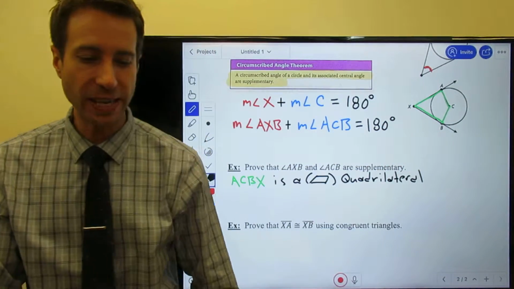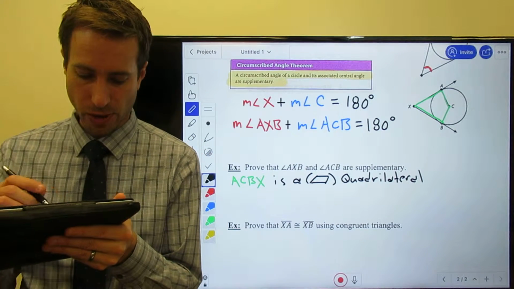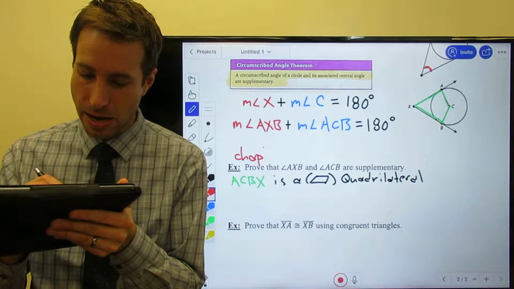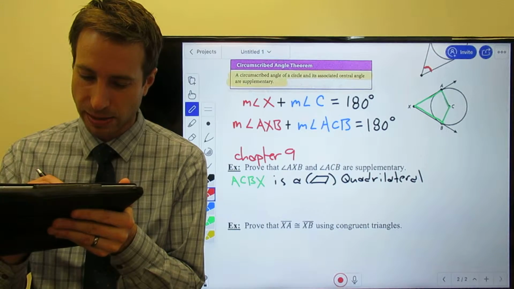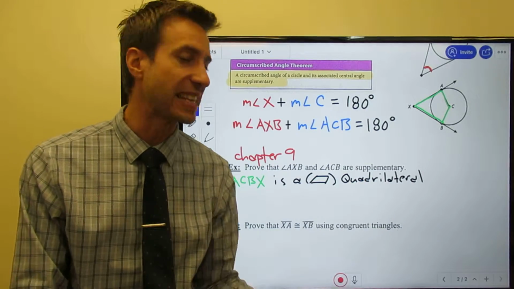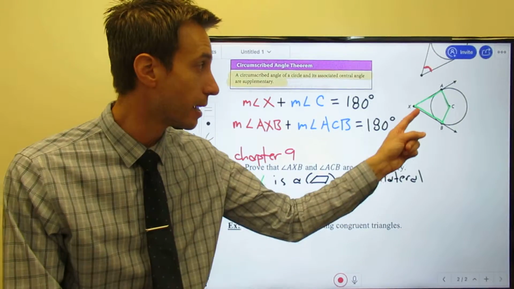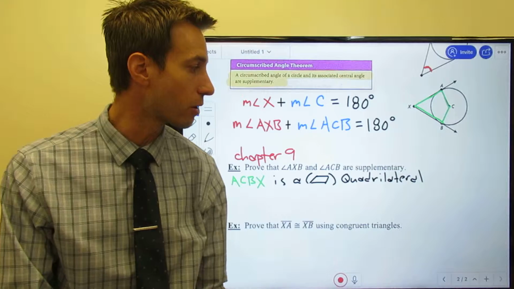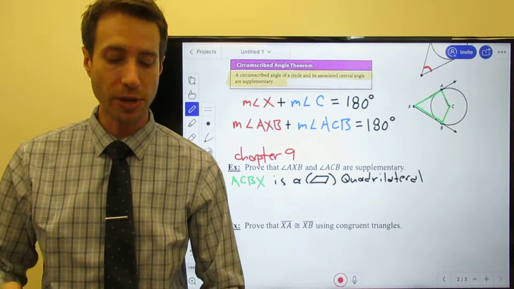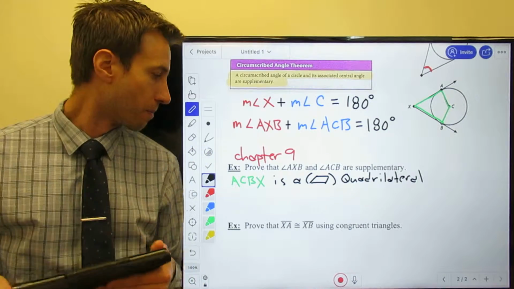Well, I have a four-sided figure, and if you go back to chapter 9, we learned in chapter 9 that the internal angles, these four internal angles of a quadrilateral, must sum to 360 degrees.